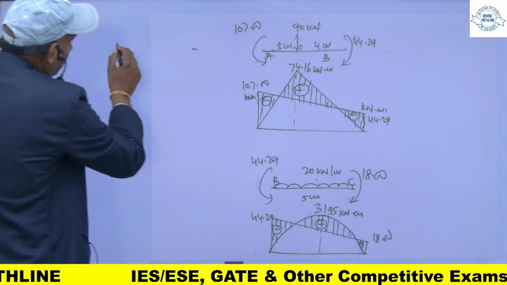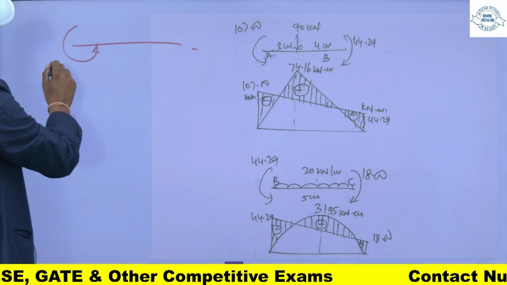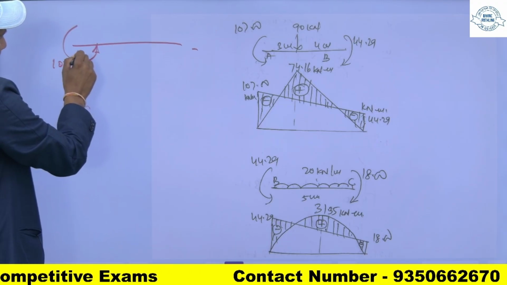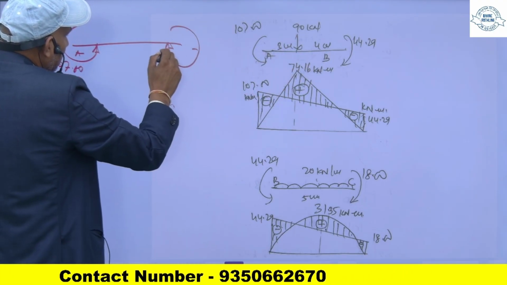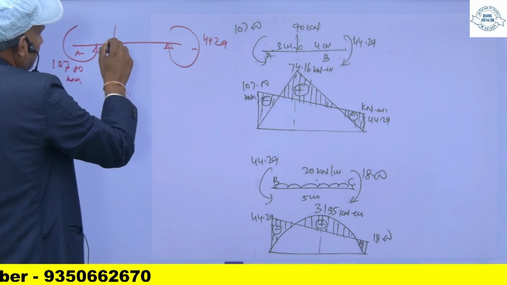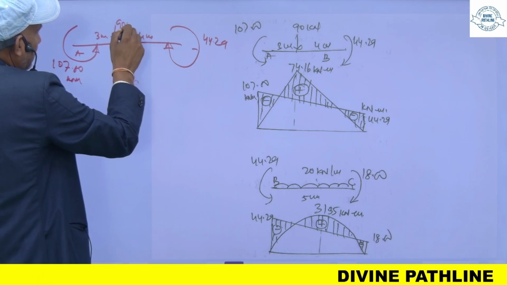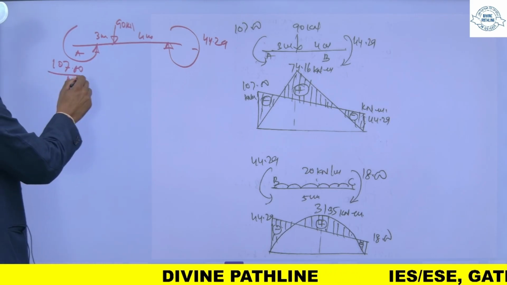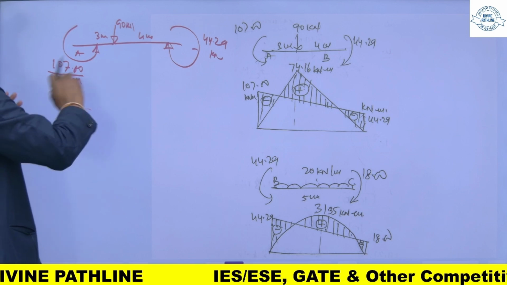So this is 107 and this one is 44.29, 3 meter, 4 meter and 90 kilonewton. So if you see this 107 and 44.29, they try to create a hogging moment.